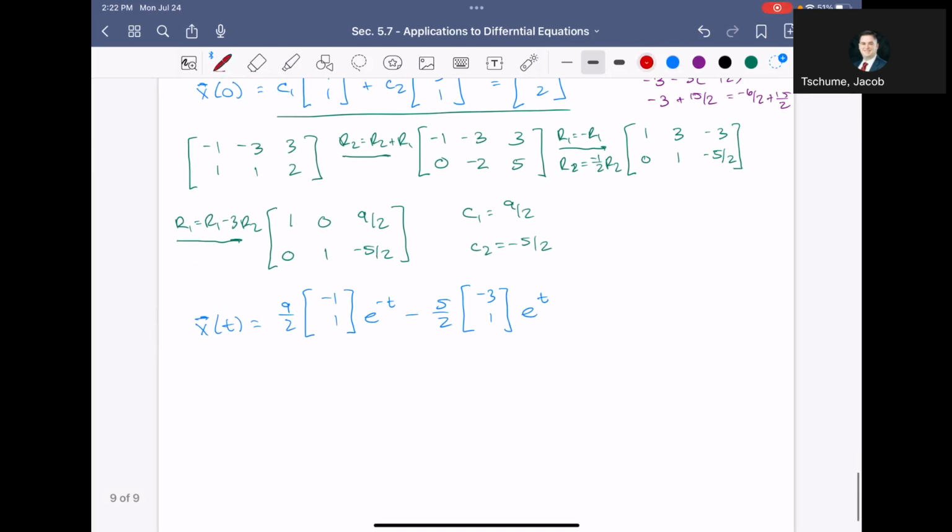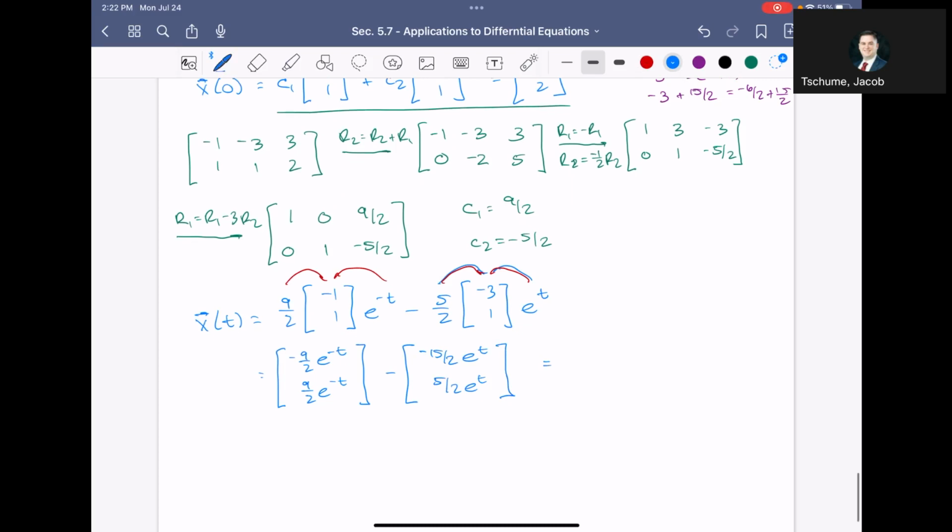Just like the last one, I'm going to take the 9/2 and the e to the negative t and distribute that through. So that would be -9/2 e to the negative t and 9/2 e to the negative t, minus, I'm going to take the 5/2 and the e to the t and multiply that through. So you should get -15/2 e to the t and then 5/2 e to the t.